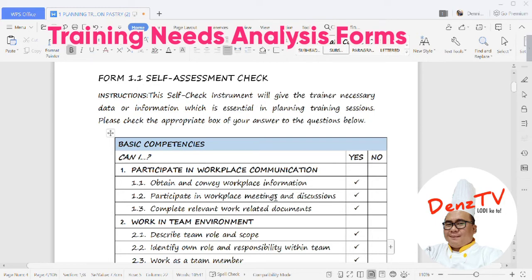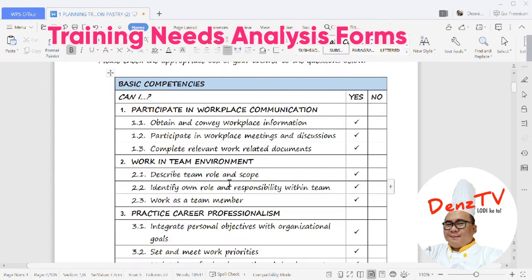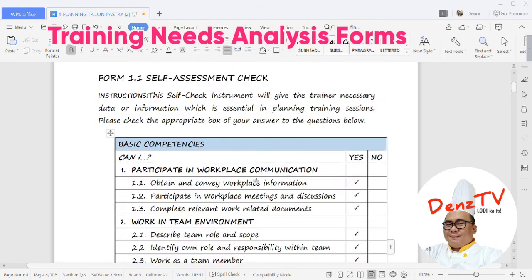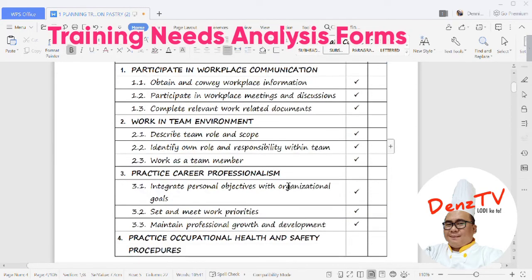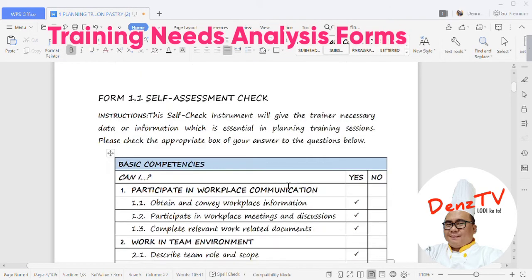Now, for this self-assessment check, it is a checklist of competencies required of the qualification. First of all, you need to download your training regulations of your assigned qualification.